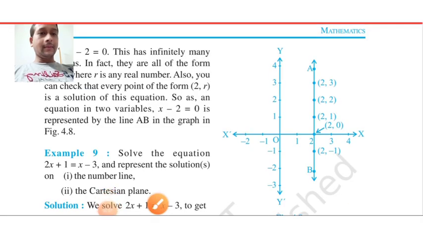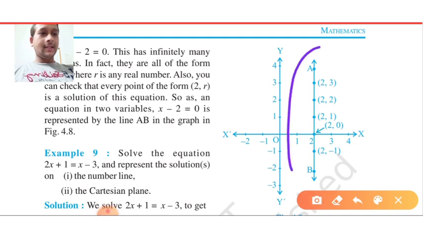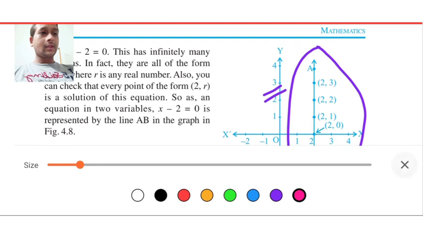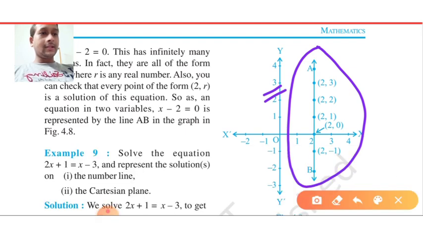Now for example, if you look here, this AB is a line parallel to the y-axis. The x coordinate remains fixed. You see 2, 2, 2, 2 and 2, but the y coordinates are changing.